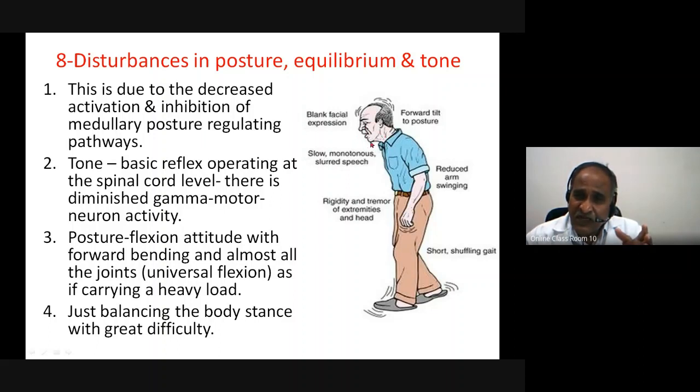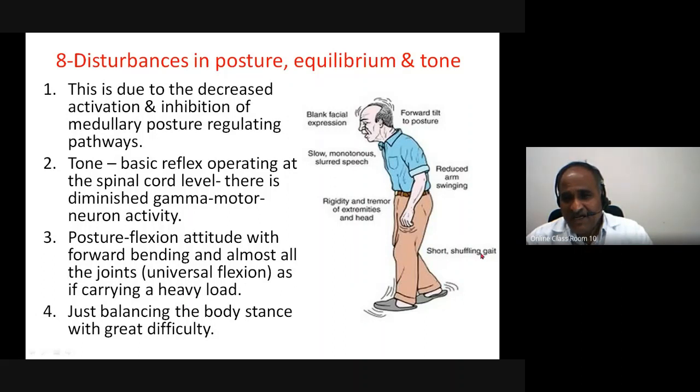When asked to speak, the speech is slow and monotonous, because the vocal cords have reduced power, or because of tremors, or because of the rigidity. There is reduced arm swinging, that is akinesia or bradykinesia, rigidity and tremor of the extremities, in the head and even in the limbs. There will be continuous tremors. Even the tongue has tremors.